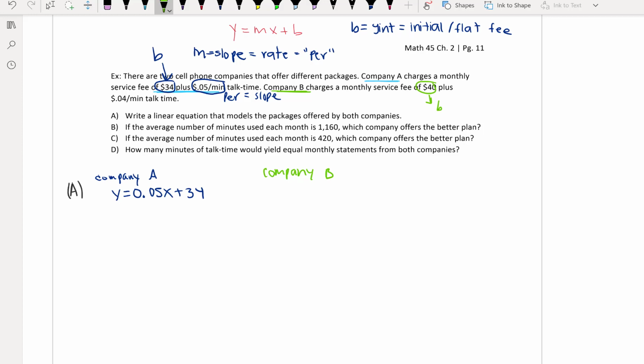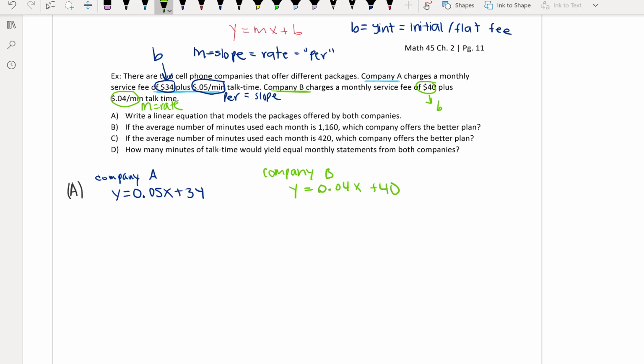And it says plus 4 cents per minute talk time. So that 4 cents is going to be my m. That's going to be my rate or my slope. So I'm going to say that this is going to be y is equal to 0.04x plus that flat fee of $40.